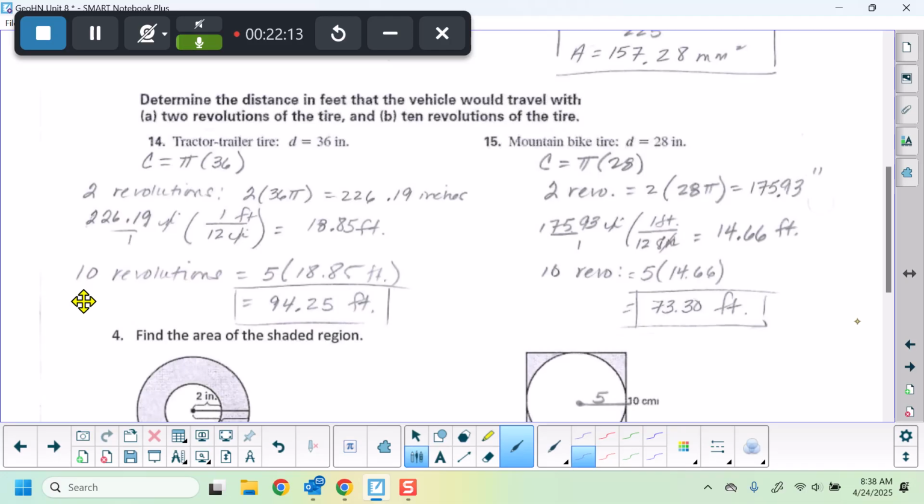And the adult is doing this much slower, because in order for the bike to move the same distance, the kid has to pedal a whole lot more than the adult. So next time you see a parent and a kid on the bike, look at the tires, look at the revolution, and look at that kid pedaling. That kid's working a lot harder.